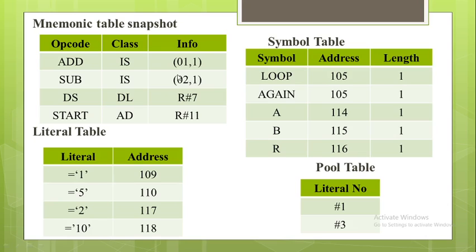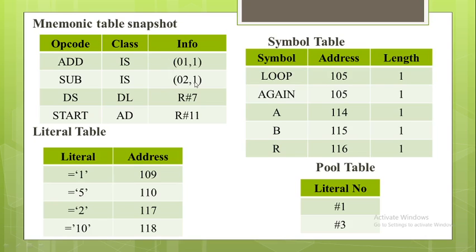So the machine code for the opcode add is 01 and the length is 1. Likewise, the opcode is sub, which is an imperative statement, so the class will become IS, having the machine code as 2 with the length 1.